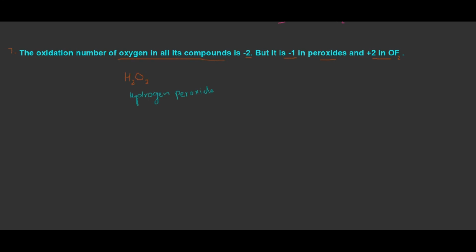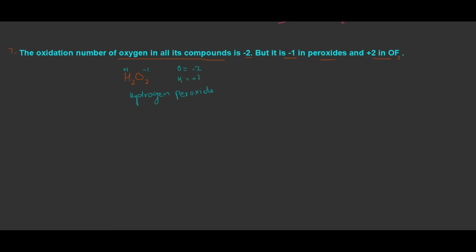As you can see, oxygen is not a metal, so the hydrogen atom has positive 1 charge. Here you have 2 hydrogen atoms, so 2 multiplied by positive 1 gives positive 2. Similarly, here you have 2 oxygen atoms with -1 oxidation state, so 2 multiplied by -1 gives -2 in total.